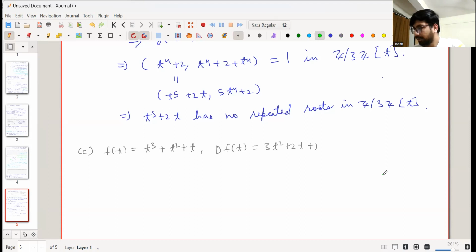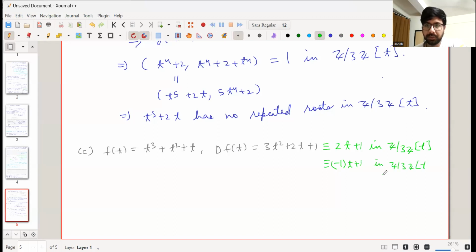Now, this is congruent to 3t^2 is 0, 2t + 1 in Z mod 3Z[t], right? And 2t + 1 is also congruent to minus 1 times t + 1, right? In Z mod 3Z[t]. Because 2 is minus 1, and if I take minus common, this is nothing but t minus 1 in Z mod 3Z.